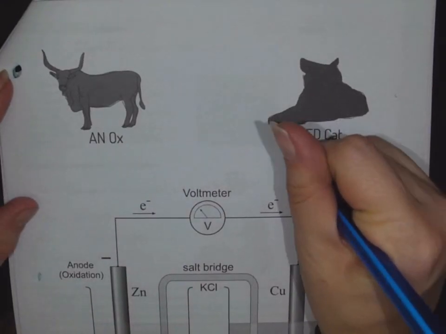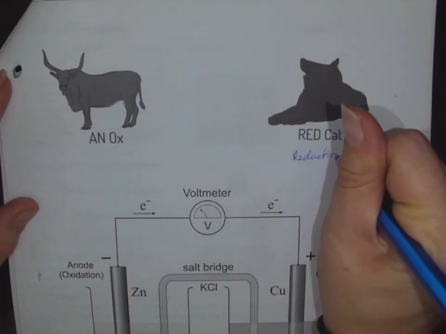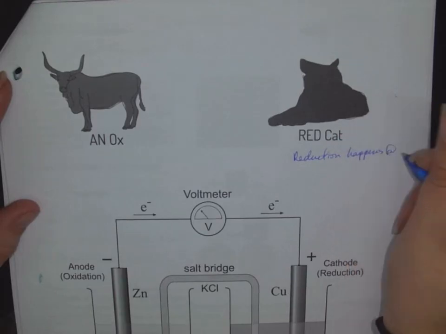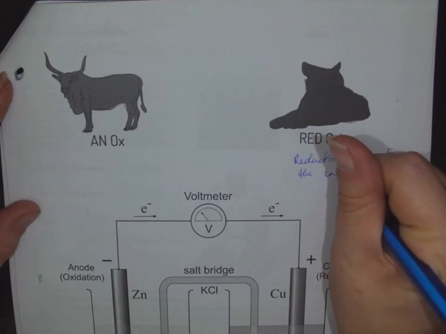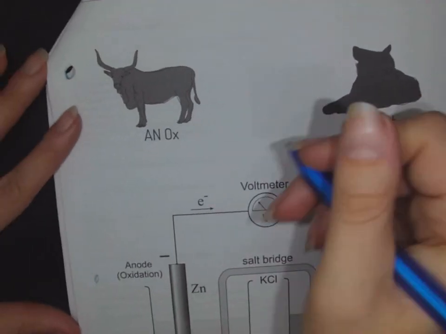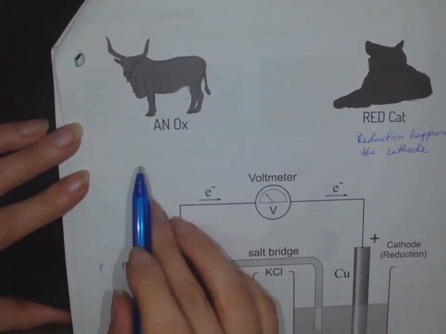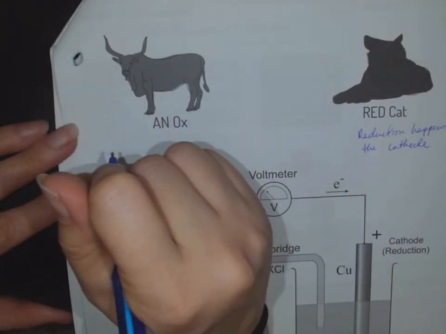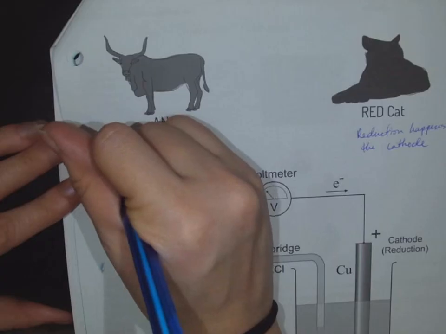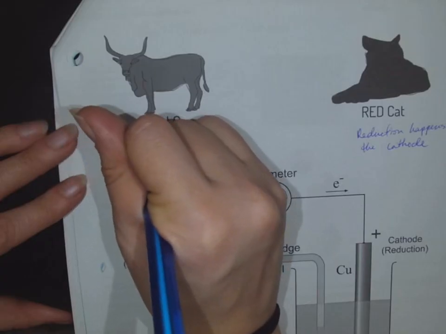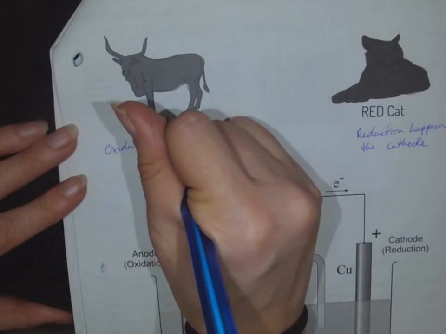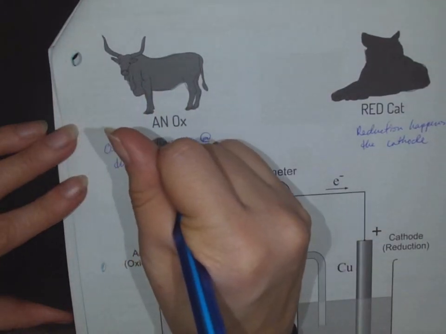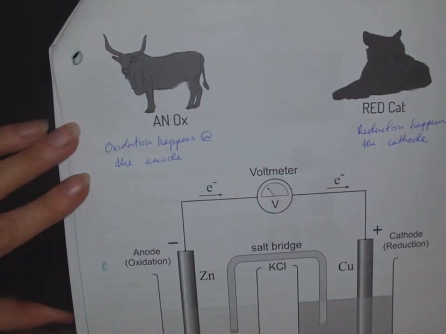So reduction happens at the cathode, and anode oxidation. Oxidation happens at the anode.